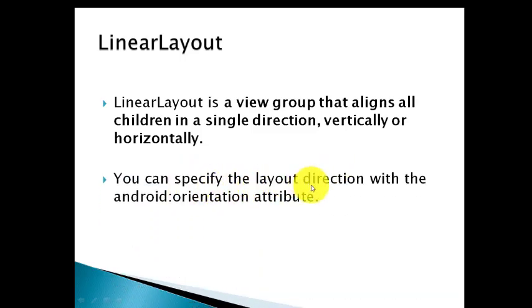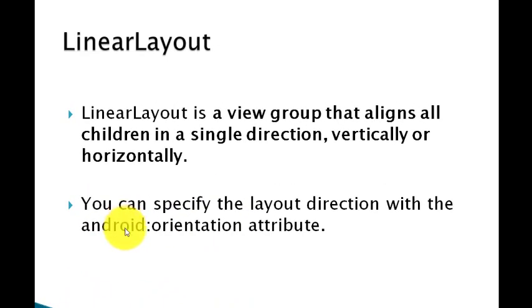You can specify the layout direction. In linear layout, we have an attribute called android orientation. By default, the orientation is vertical. If you want to change the layout orientation of the linear layout, then you can use the orientation attribute.